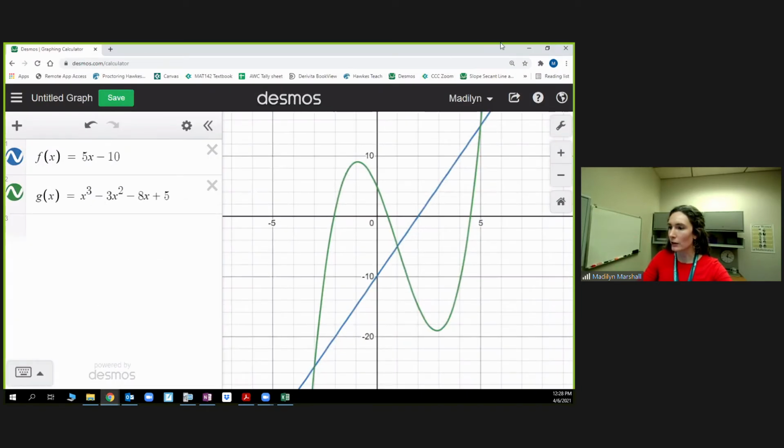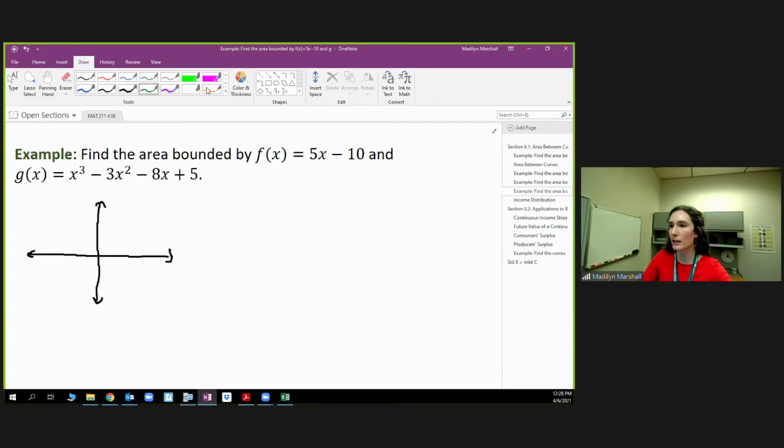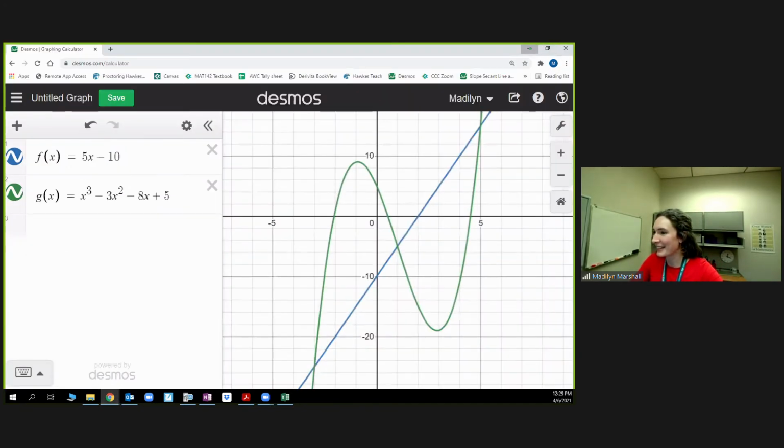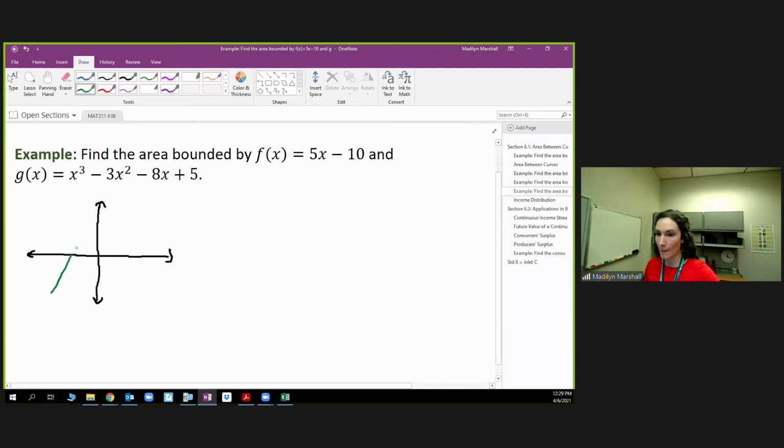So I'm just going to do a super rough sketch of what we're seeing. So G is this cubic with pretty big ups and downs. So let's start with that. So this is generally what we're seeing for G. F is doing something like this.